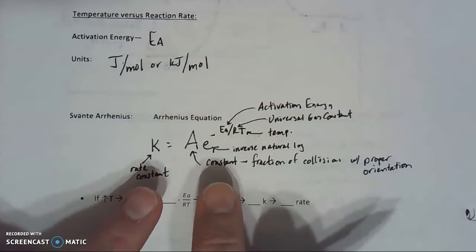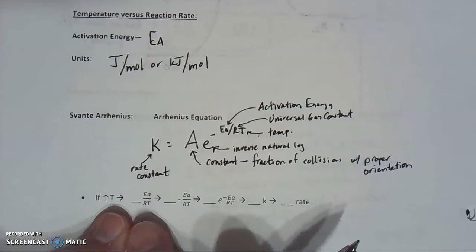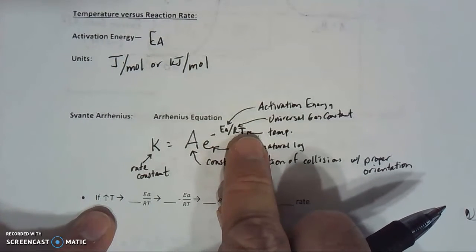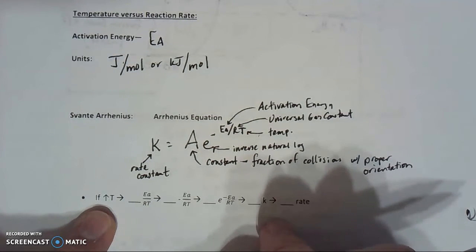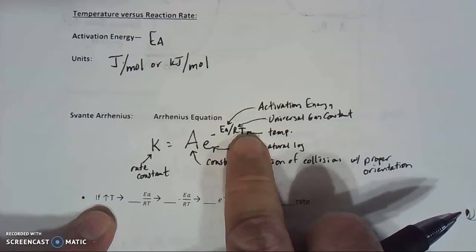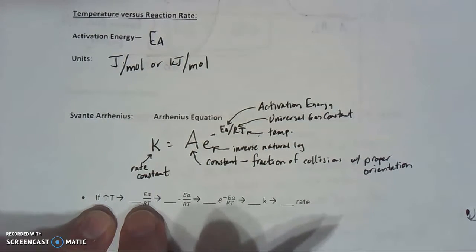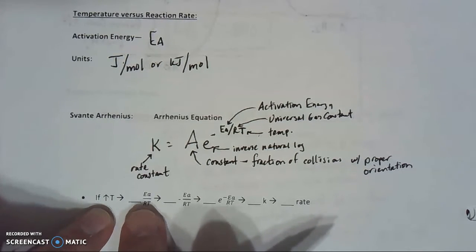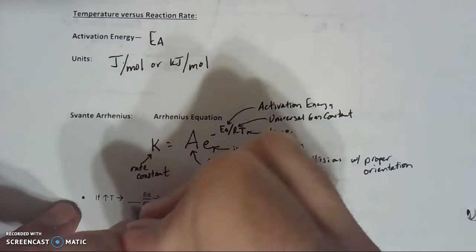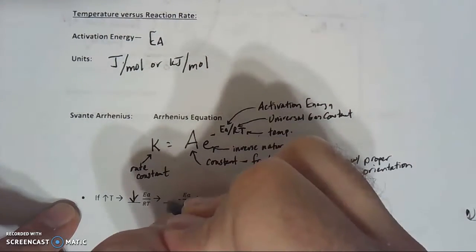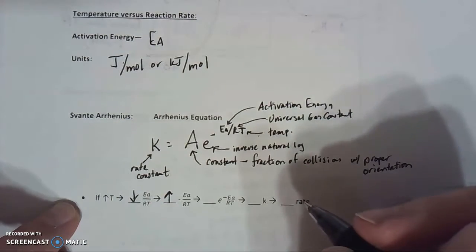So this relationship we can talk about using this little flow chart. If we increase temperature, so this number, which is in the bottom of this fraction, if we look at how an increase in temperature would affect E sub A over RT, it would decrease it. But since we're taking a negative of it, it would increase that.